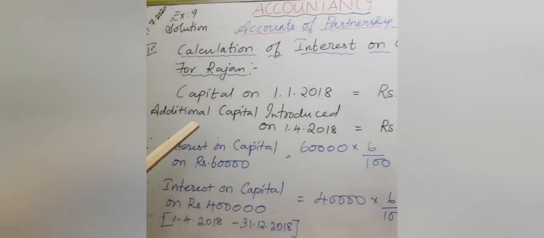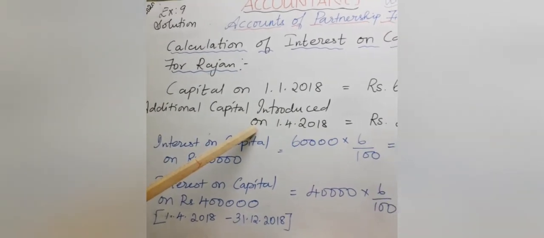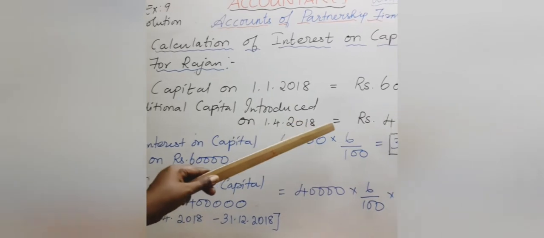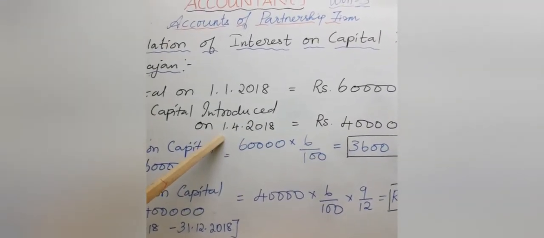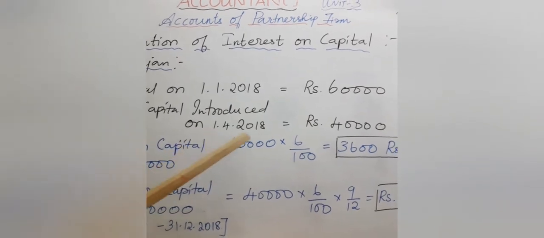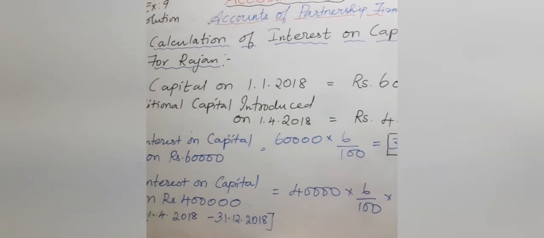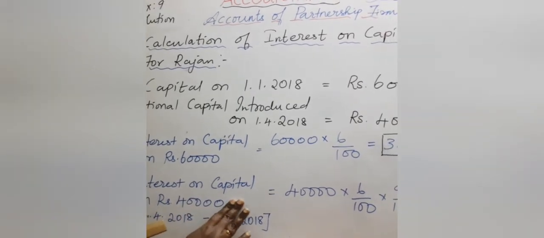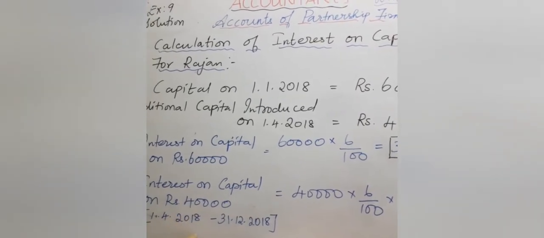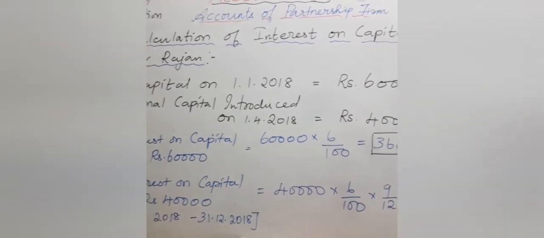Now coming to the second step. Additional capital introduced how much? On 1/4/2018, the amount is 40,000. What is our closing date? 31/12/2018. So see here, I have calculated interest on capital on rupees 40,000 for a period of 9 months, that is 1/4/2018 to 31/12/2018.